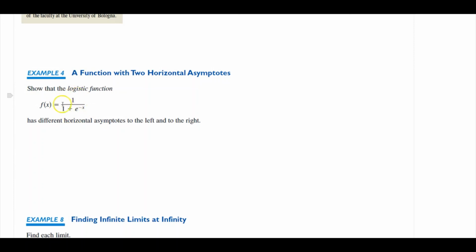But if we're looking at 1 over 1 plus e to the negative x, as we are going towards negative infinity, so the limit as x approaches negative infinity of 1 over 1 plus e to the negative x, what is happening here? Well, we're plugging in negative infinity into our exponent for e to the negative x, so that's actually going to be e to the positive infinity, which is really big. And then we have 1 divided by 1 plus a really big number, so that's actually going to get us to 0, right?